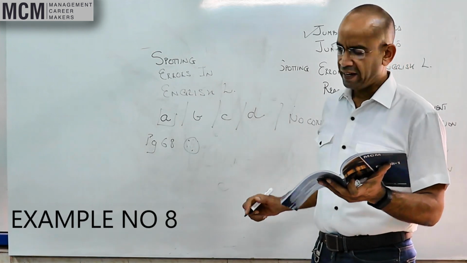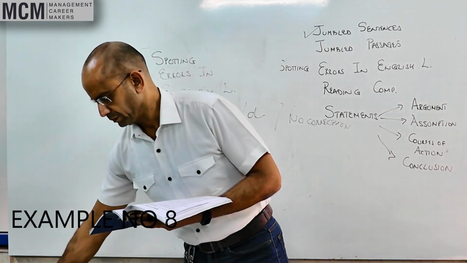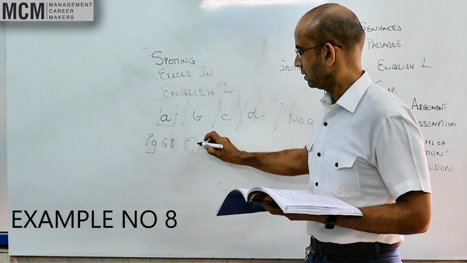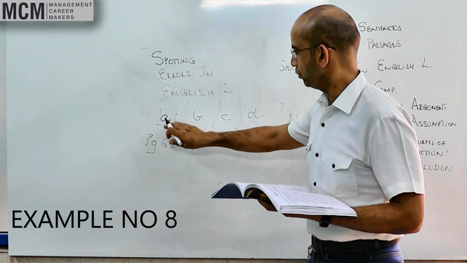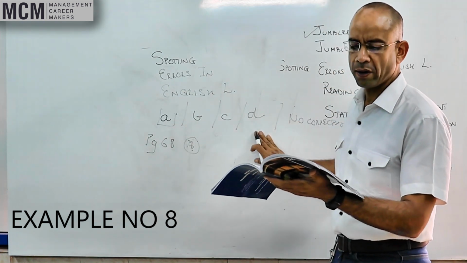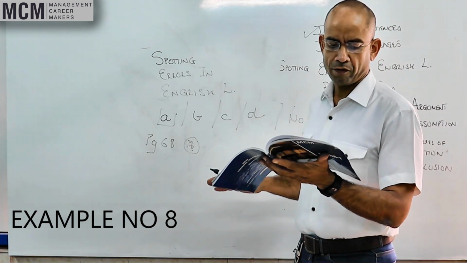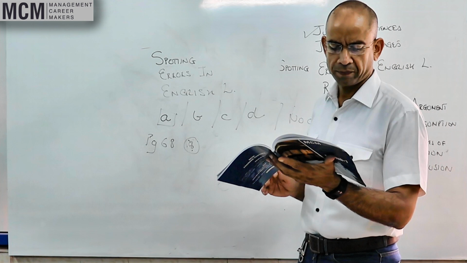Let's look at number 8 as another example. Again, it's divided into 4 parts, with D indicating no error. I am not wealthy, so I cannot afford to buy an expensive car.